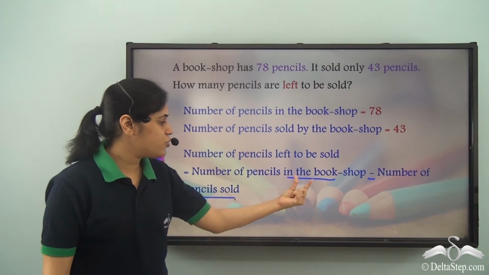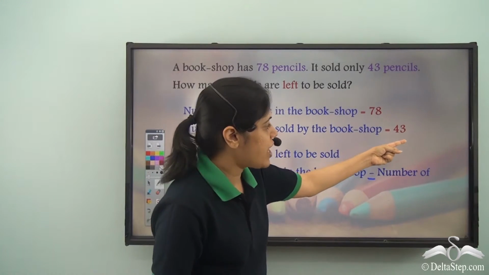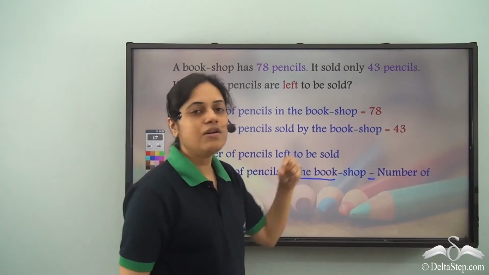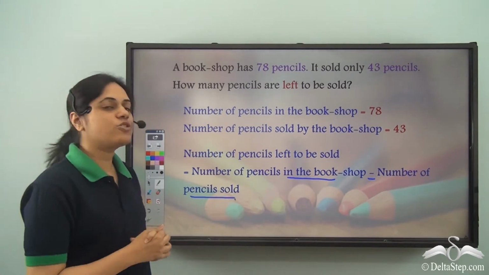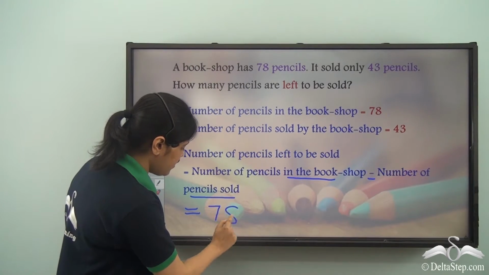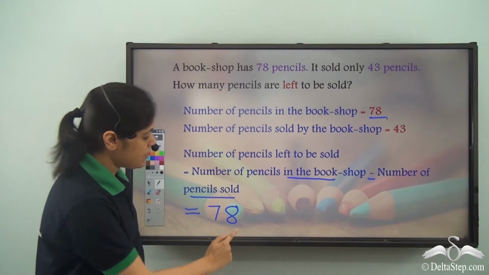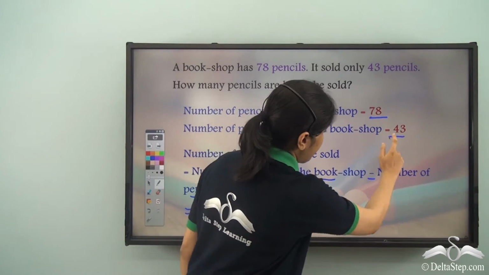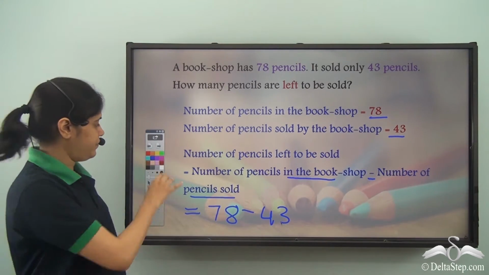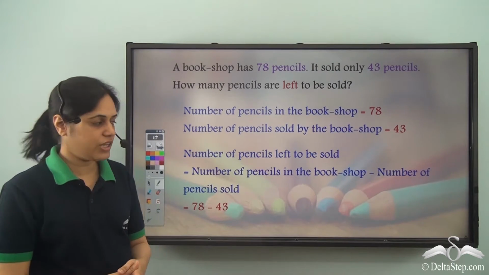Remember, we need to write this first because we can always subtract a smaller number from a bigger number. So this is a bigger number, so this needs to be written first. This is equal to 78, which is the number of pencils the bookshop has, minus number of pencils sold, which is 43. So this is what we have, 78 minus 43.